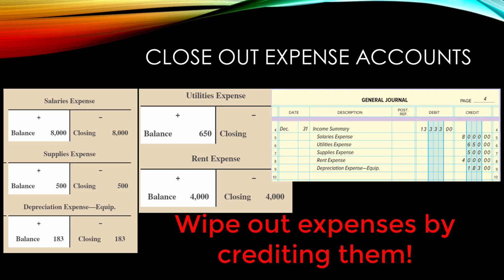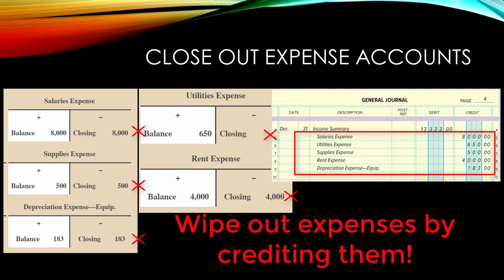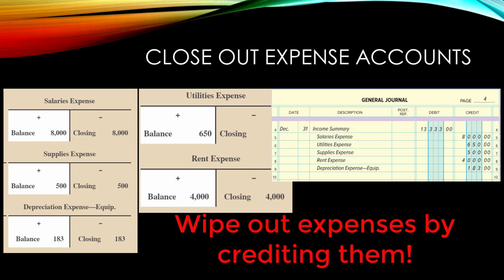So because we have to list debits first, I'll put a placeholder in here for an Income Summary debit, and I'll go through and individually credit each individual expense account. As always, the sum of the debits must equal the sum of the credits, so you get the Income Summary amount by summing up the 5 expense categories.